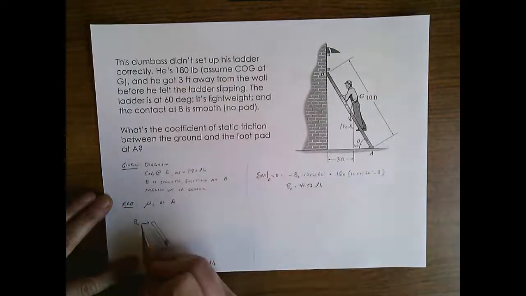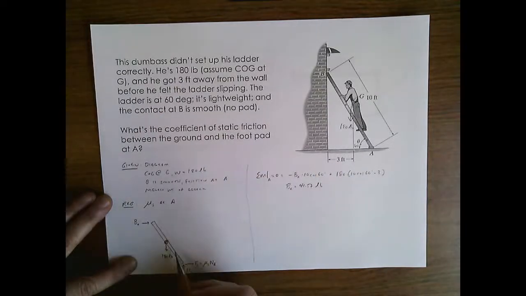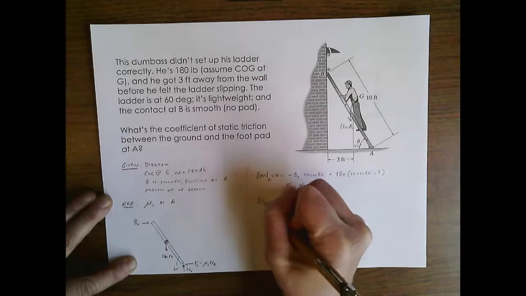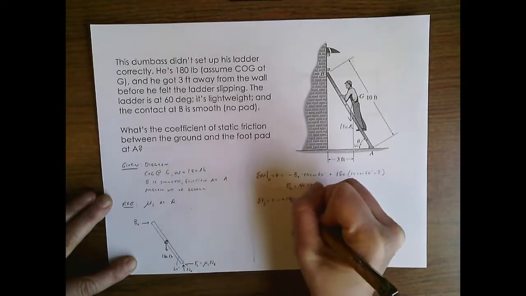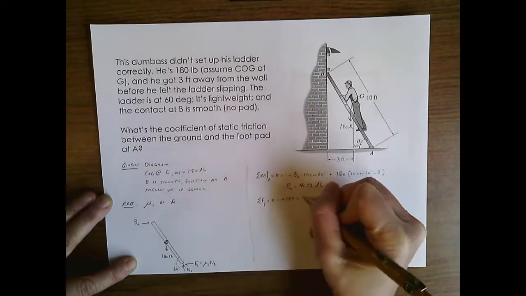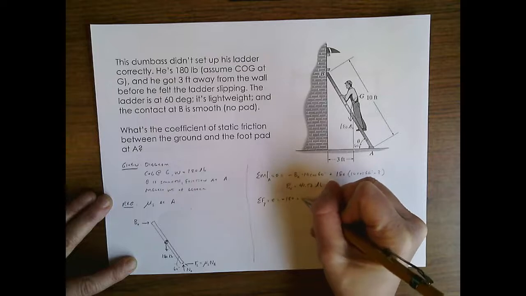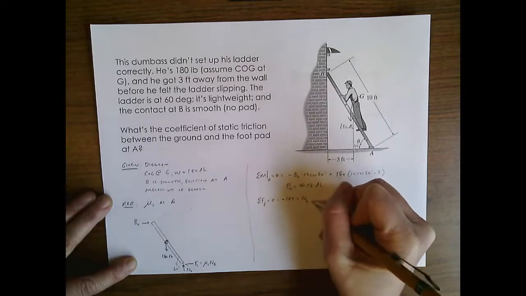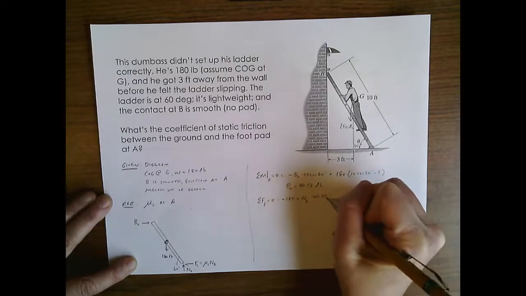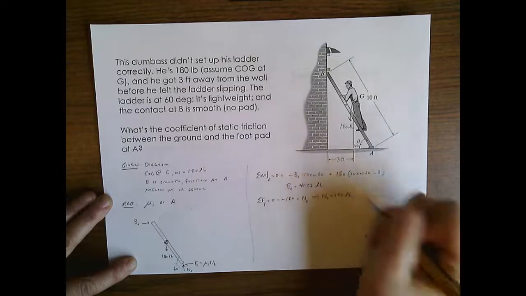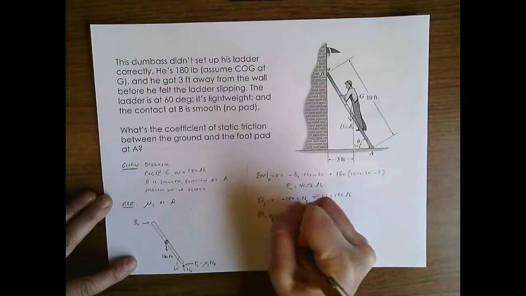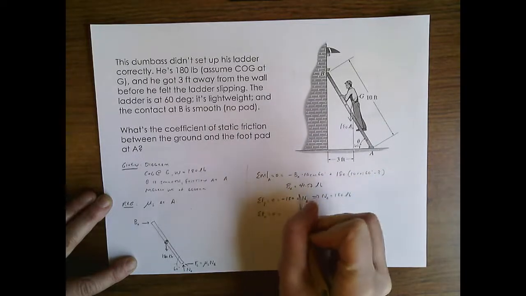Now that I've solved for Bx, I'll also look at the sum of the forces in the y direction is equal to 0. I get negative 180 plus NA, so NA is 180 pounds. Sum of the forces in x is equal to 0. I'm going to make use of this Bx that I found.